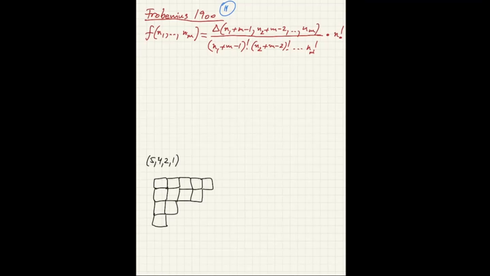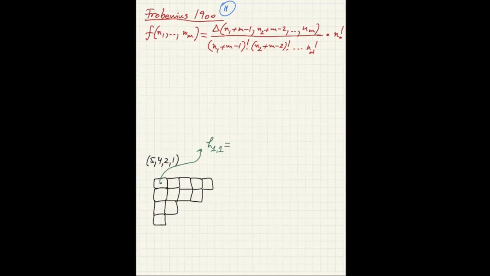Now, a hook is you pick an entry and you look at what you see to the right of it and what you see below it. And if you add up the number of the squares, including the square itself, you get the hook length. So for the position 1, 1 here, the hook length would be h1,1.